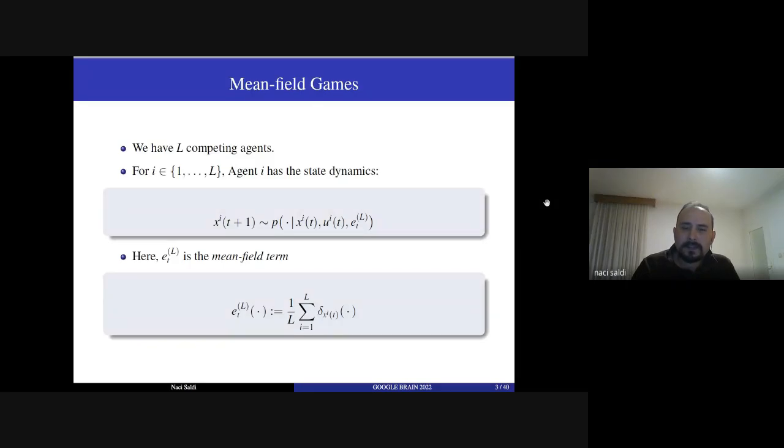It gives the next state distribution given the current state-action information as well as the mean field term. This dynamics is very similar to the dynamics we have in Markov decision processes, but we have this additional mean field term, which is the empirical distribution of the states of agents. Therefore, agents are coupled through their dynamics because of this term.